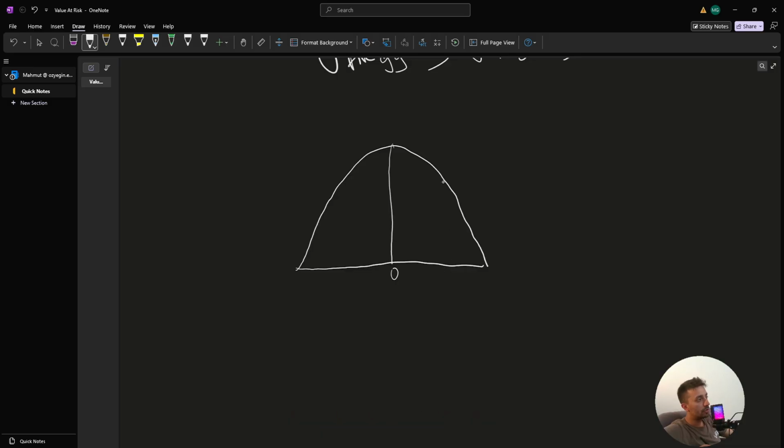Zero, and here 95 and 99. Always this tail has big consequence events. Okay, really big different consequence events.